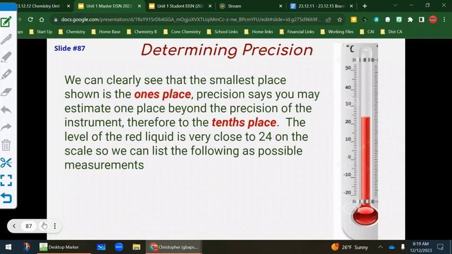So our rule says when you report an answer, you go one place beyond the place you are sure of. What is one place beyond the ones? The tenths. So right here, this level, ladies and gentlemen, what number is it very close to?